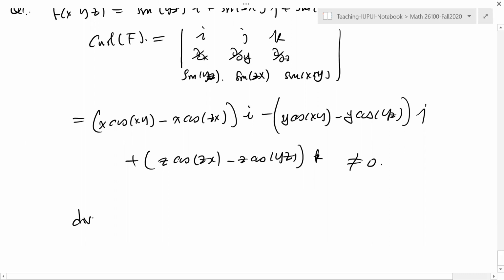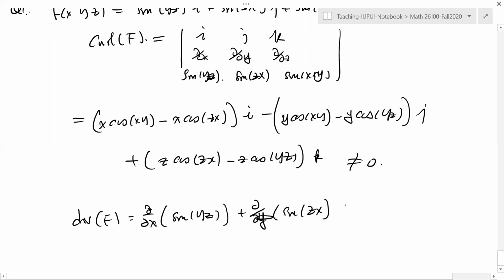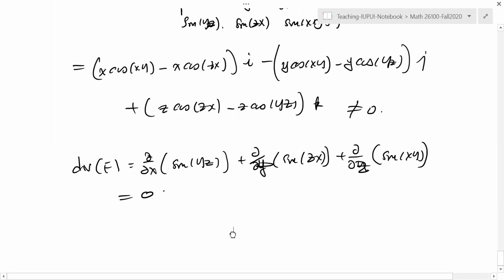So let's take a look at the divergence of F. The divergence of F is just the derivative of each component. You find out they are equal to 0. Each of them is 0, so that's 0.